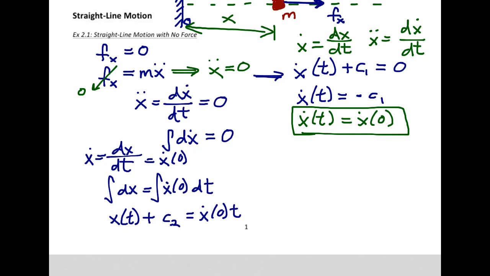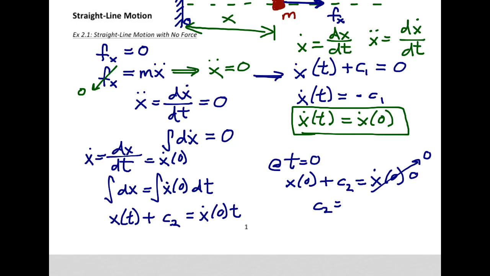And so with this position, we can substitute this in and say that at time equal to 0, we have our initial position plus c2 equal to our initial velocity times t, and at time 0 we put in 0 for the time, which makes the entire right-hand side equal to 0, and therefore c2 is equal to negative x at the initial position.